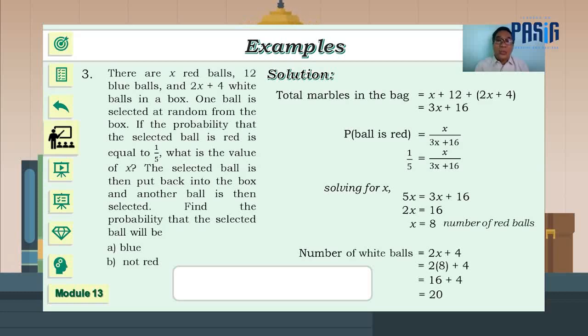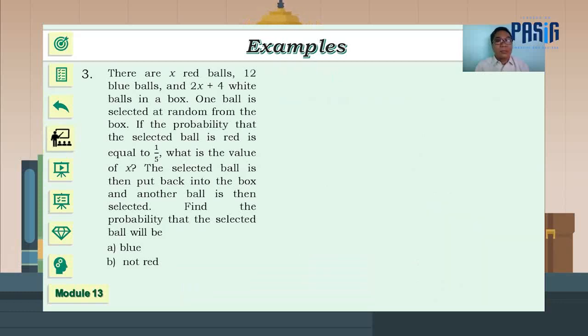So therefore, the total marbles in the bag, we have 8 for the red ball, 12 for the blue, and 20 for the white. So all in all, we have your 40 balls. So you can solve now letter A. The probability of blue, that is 12 over 40. The lowest term is 3 over 10.